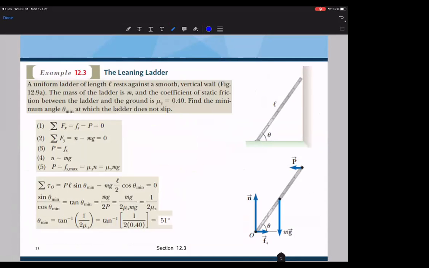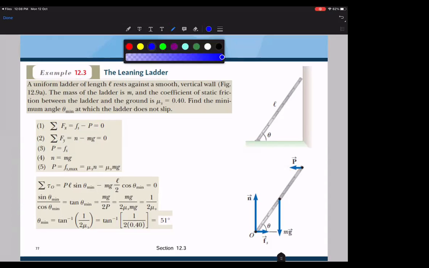And here we have another example for an extended object in equilibrium. In this case, you have the ladder that is resting against a smooth wall.